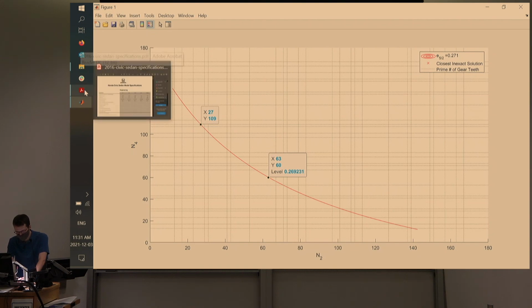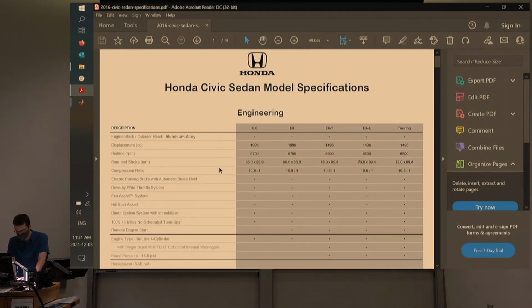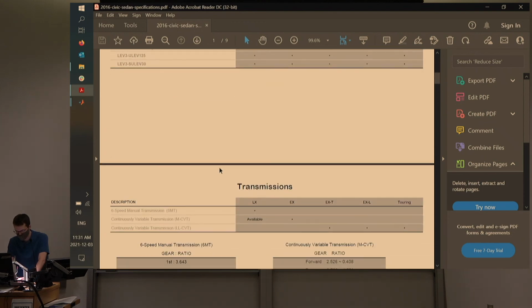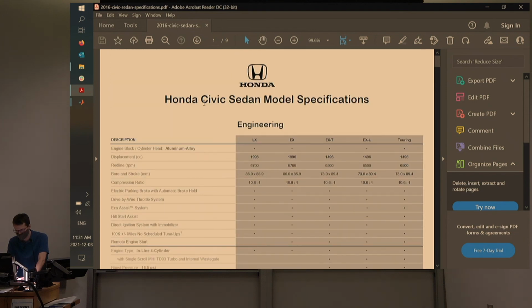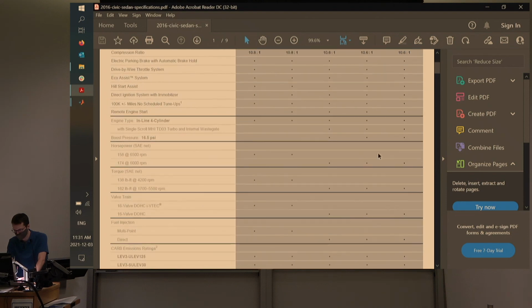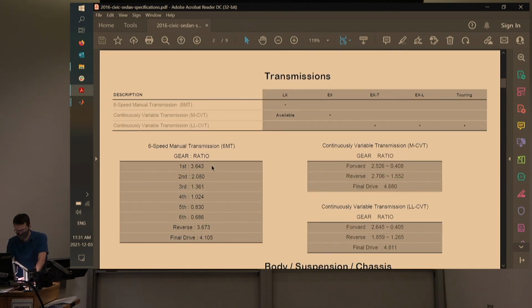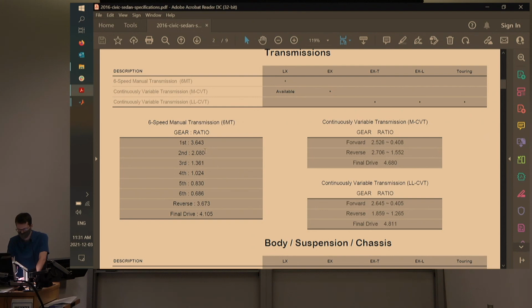The other thing that I want to show you is that very often real gear trains don't have exact numbers for their gear teeth. This is for a Honda Civic, which is one of the most common cars you're going to find on the road, seemingly for the past several decades. Here you can look at the gear ratios in their transmissions, and we can see that their gear ratios are seldom exact numbers.